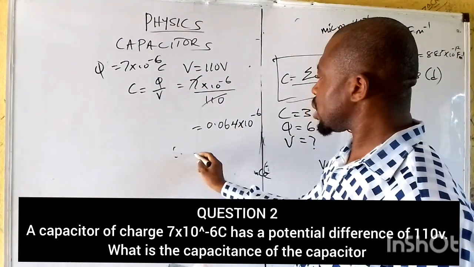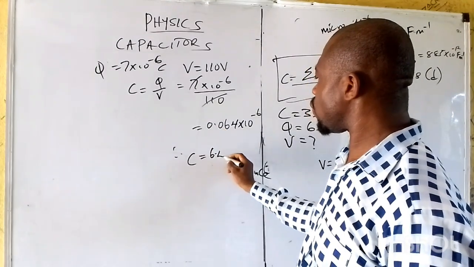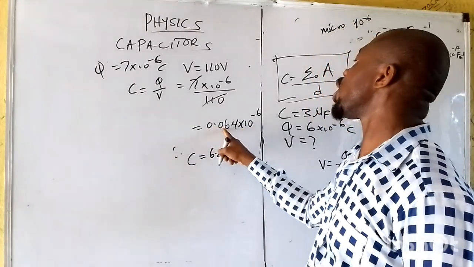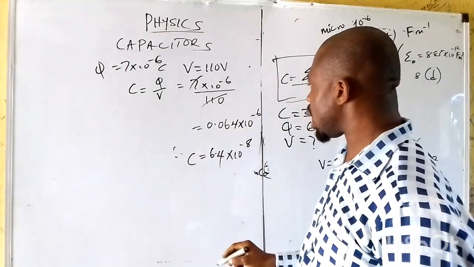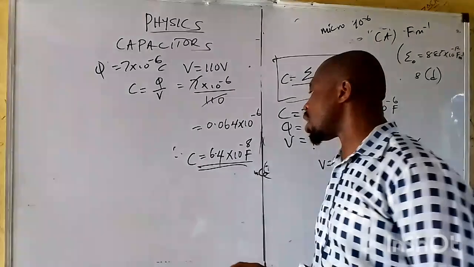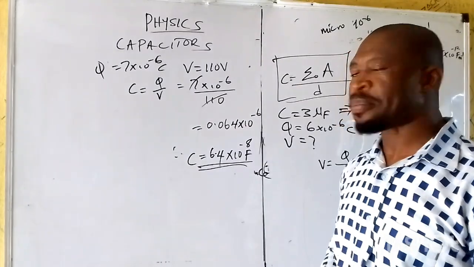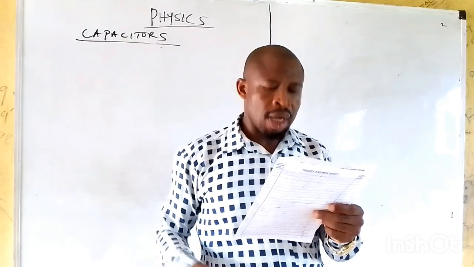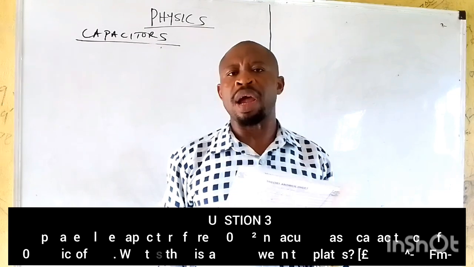Therefore, C, the capacitance of the capacitor, is 6.4 times 10 raised to the power, if you move the decimal it increases by 1, move it again, it will now be minus 8 farad. So this is the capacitance of the capacitor.